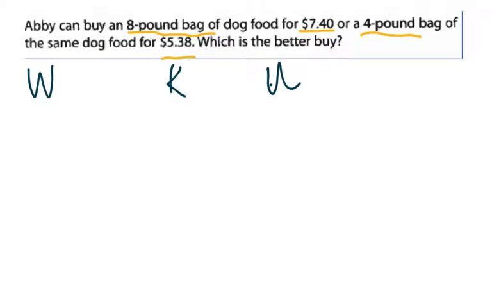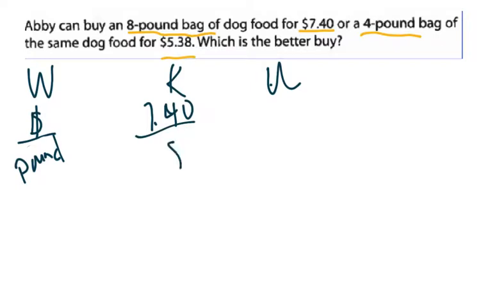So dollars per bag is what I'm trying to figure out here. Or actually, it's per pound. Dollars per pound. So I know that she spends $7.40 for 8 pounds, and I'm going to try to figure out how much that is for 1 pound.